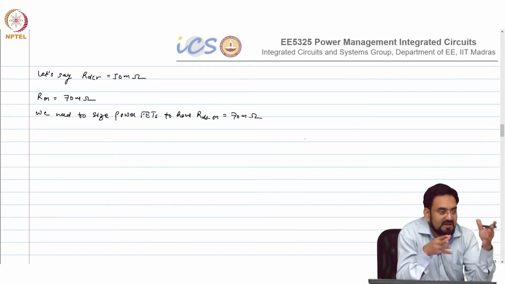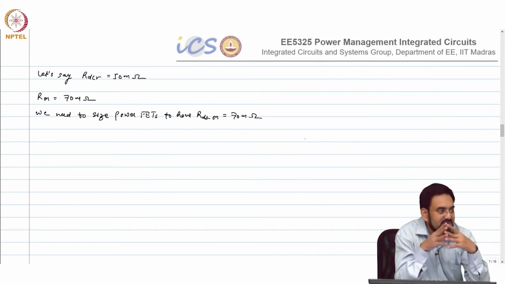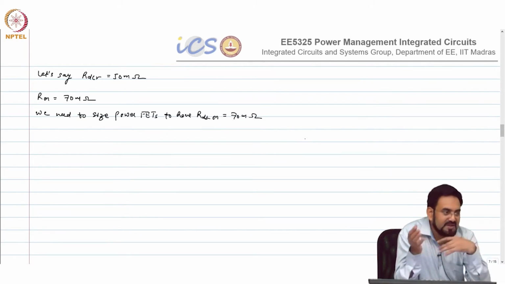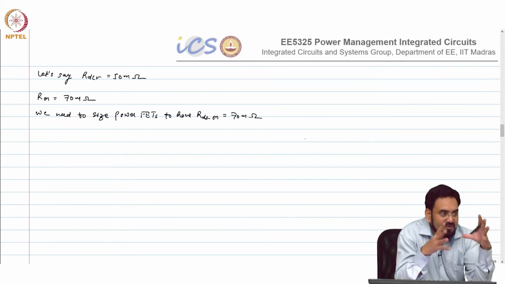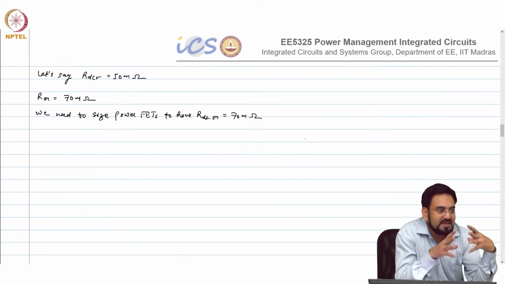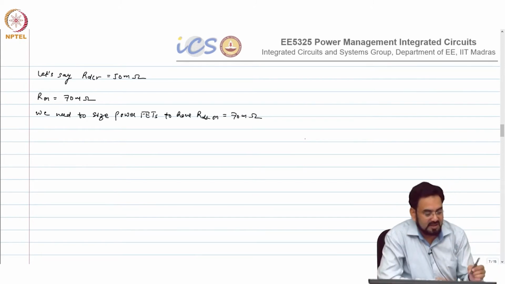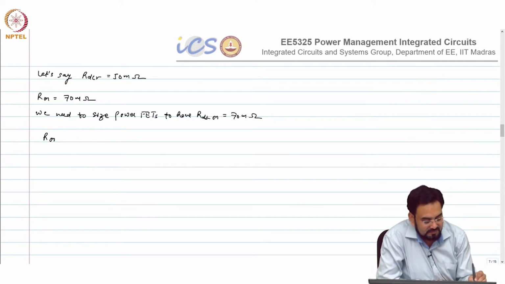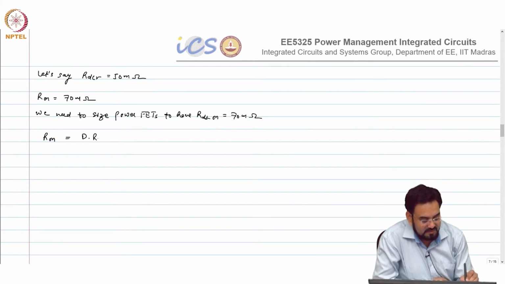But if your duty cycle you are catering to is all the way from 10% to 90%, then you have to keep roughly the same RDS on for both FETs, you don't have any choice. But if you know that you are always operating more than 50%, then you can choose your PMOS bigger compared to NMOS, because you want to optimize the total RDS on. So the R on total is D into R on P plus 1 minus D into R on N.